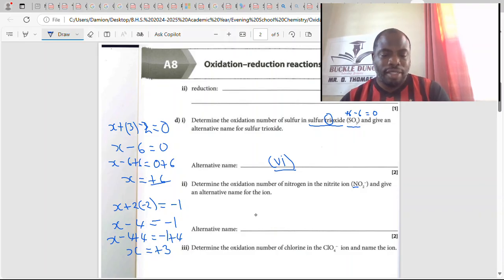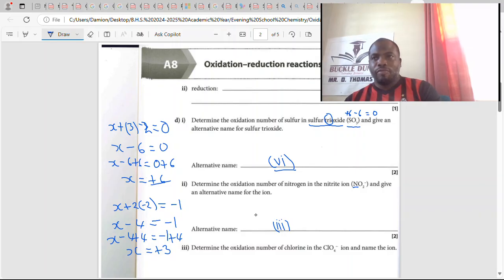And that's why I said those ones, those are the ones that CXC will normally ask you about. Normally we know we have nitrite and we have nitrate.